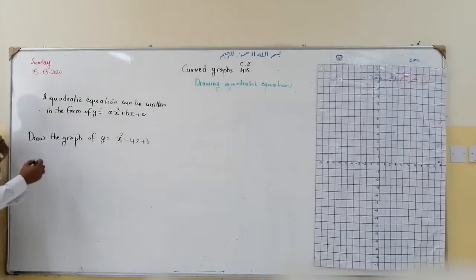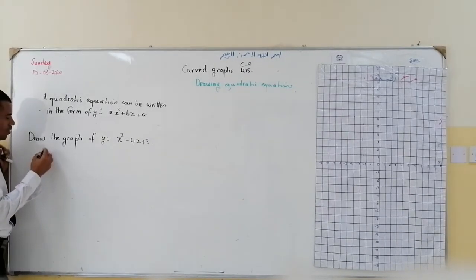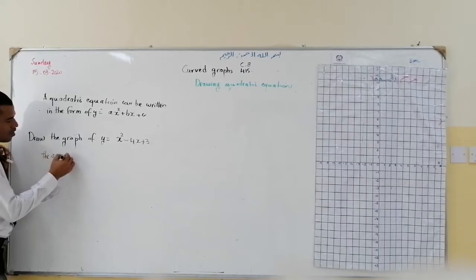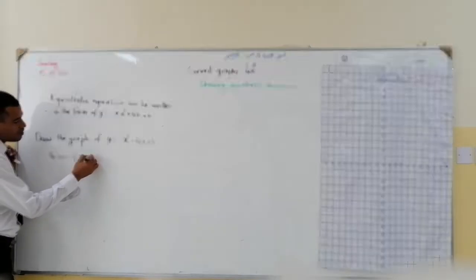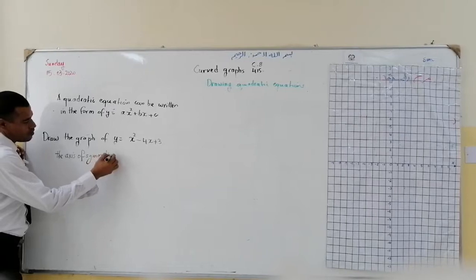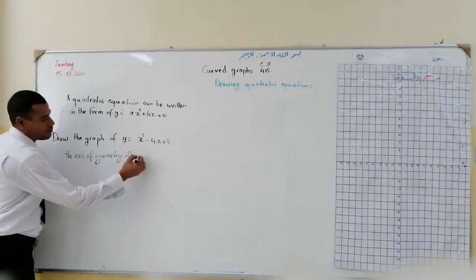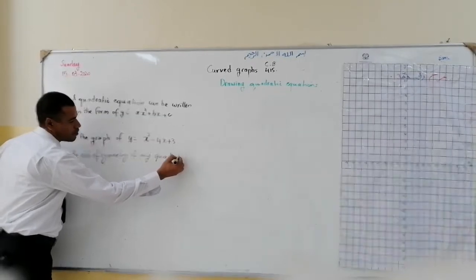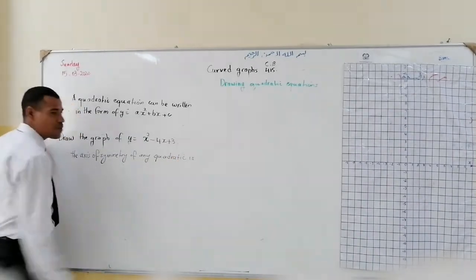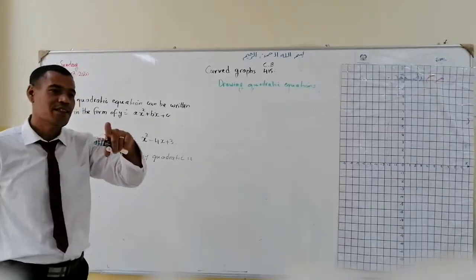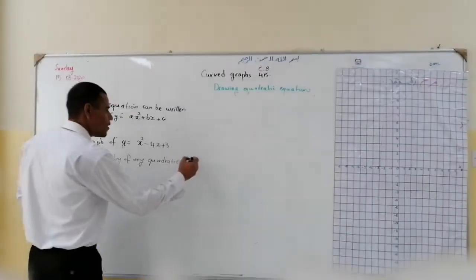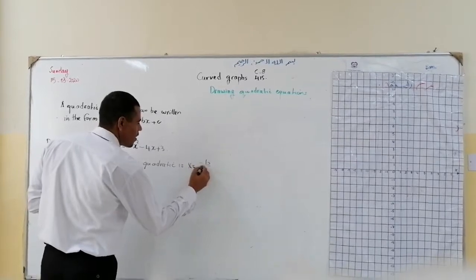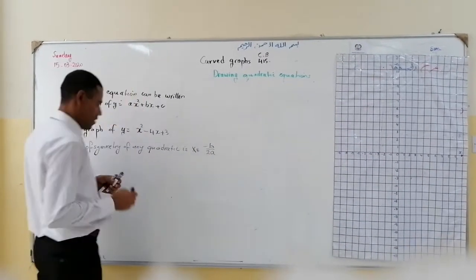Okay? So, the axis of symmetry of any quadratic equation is what, my son? Yes? It is x equal negative b divided by 2 times a.